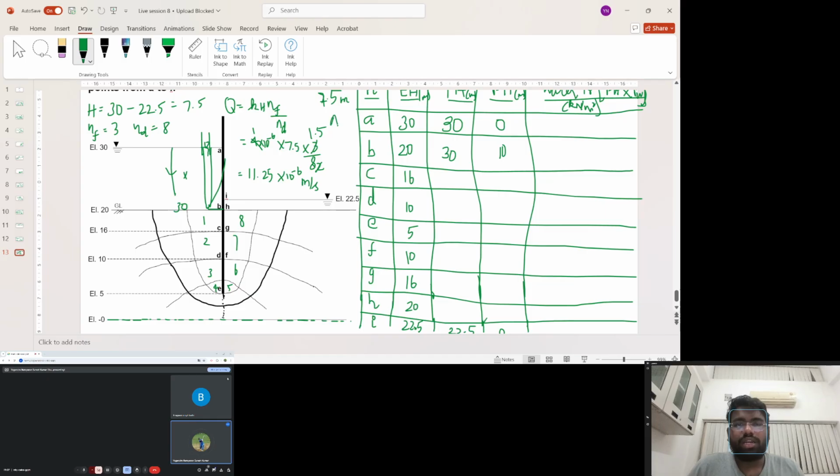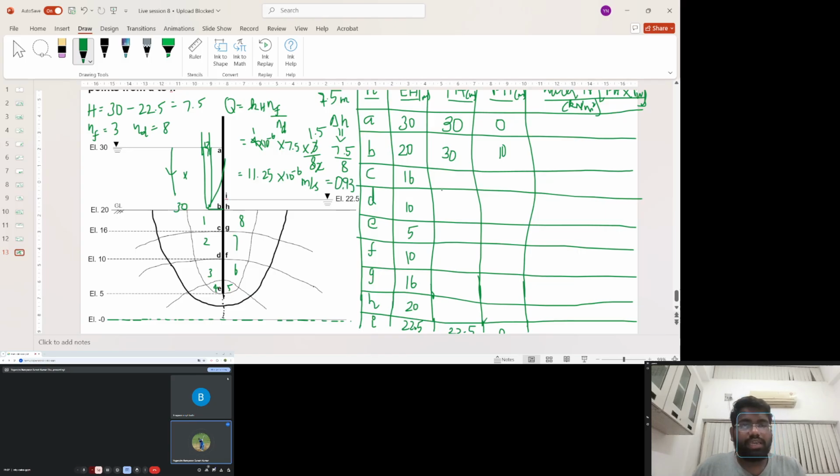That will be delta H, which comes to 7.5 divided by 8. If we calculate this, that will be 0.93. All right.